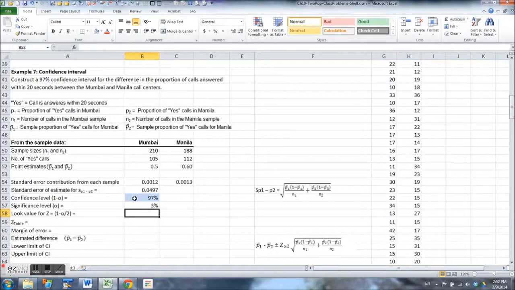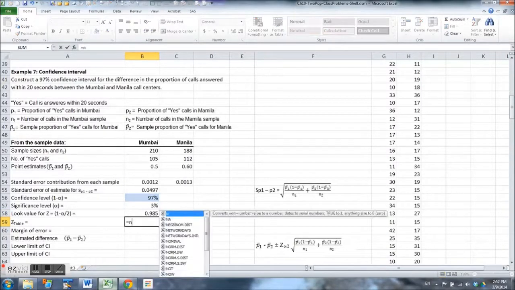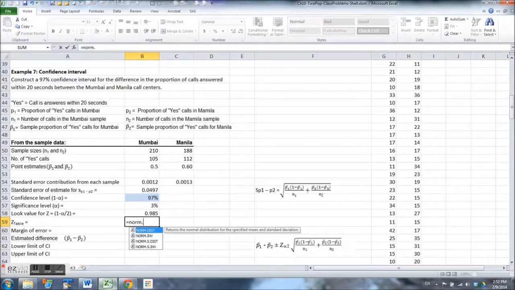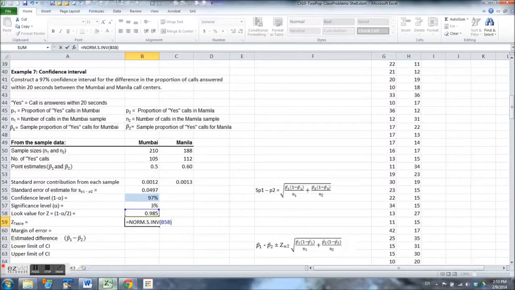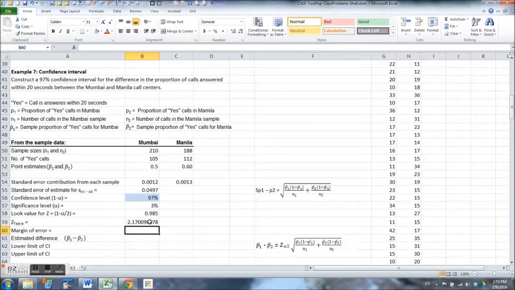So the top tail is alpha over 2, so the cumulative probability for the top tail is 1 minus alpha over 2. So 1 minus alpha over 2 will give us the lookup value for the norm.s.inv function. So select that function, and that's the cumulative probability, which is the lookup probability, and that gives us the z-table value.